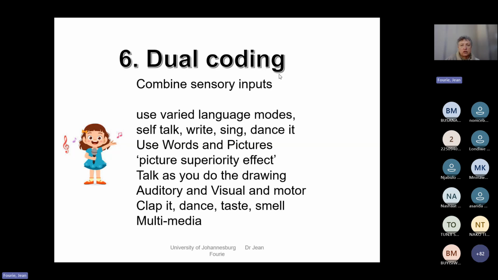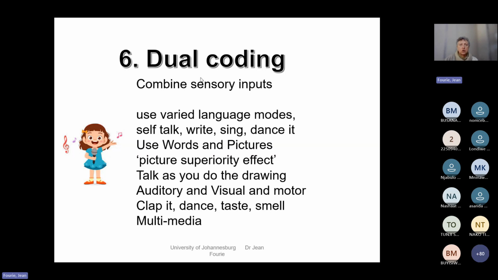So there's a lot of overlapping. Dual coding is where we are combining different sensory inputs, and we know that the stronger the sensory input is, the better we will be filtering the information that goes into short-term and long-term memory.